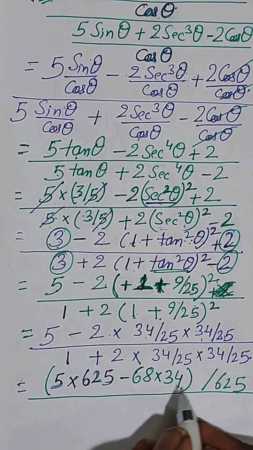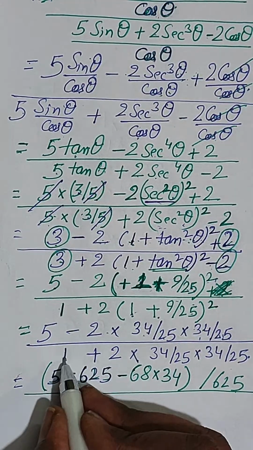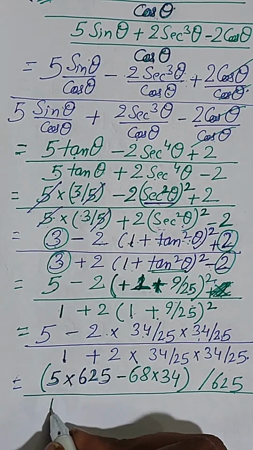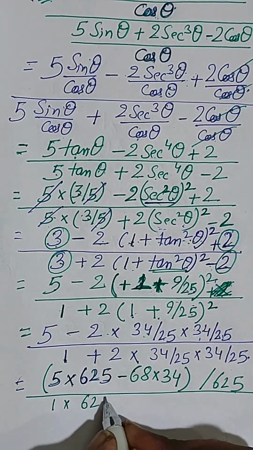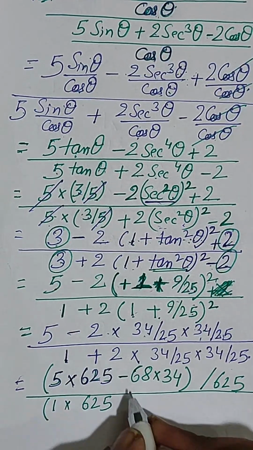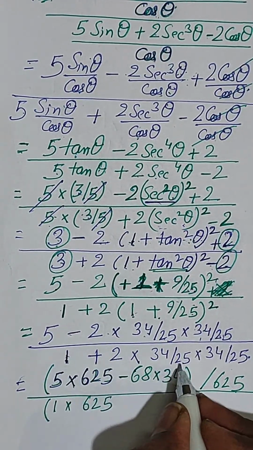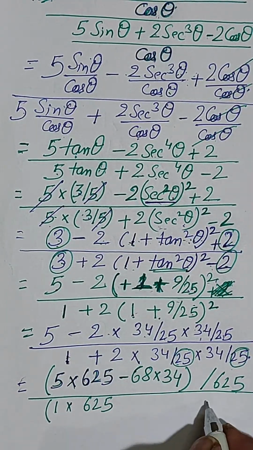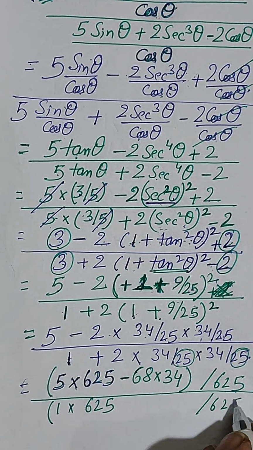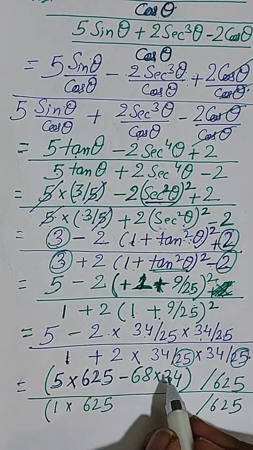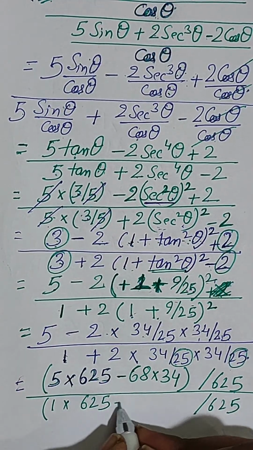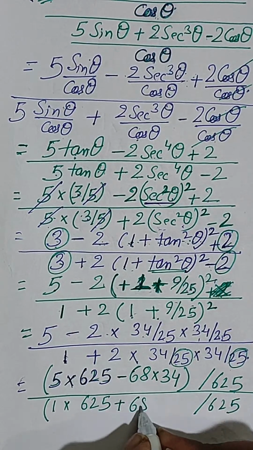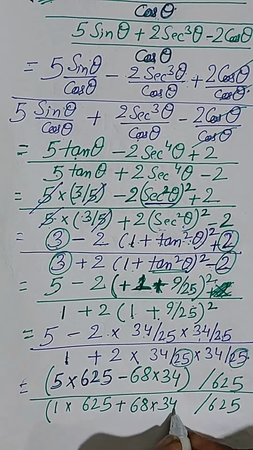This will give you again here 1 into 625 in the denominator, this 1 multiplied with this 25 into 25 being an LCM, right? And plus 68 into 34.